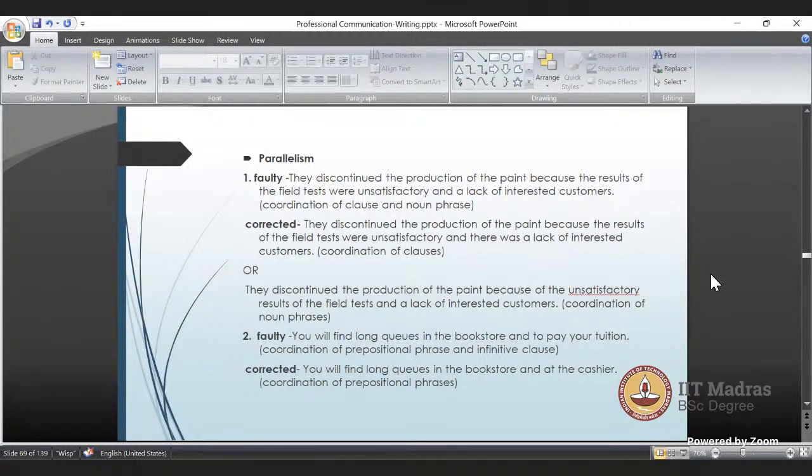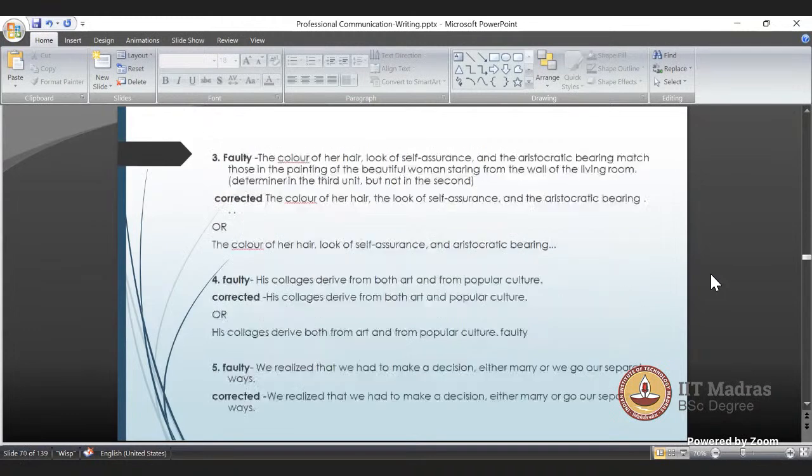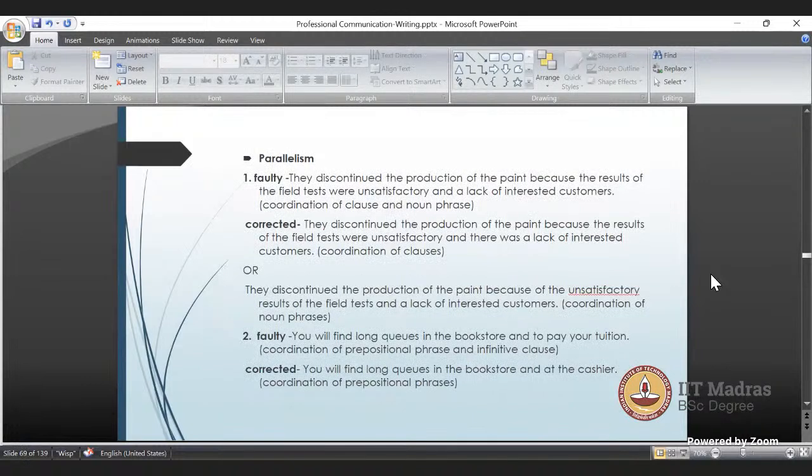Parallelism, I think you can look at these examples when you see the materials. I think I already discussed parallelism enough with you. So I'll quickly show you one or two examples so that you understand. Let's look at the first one maybe.